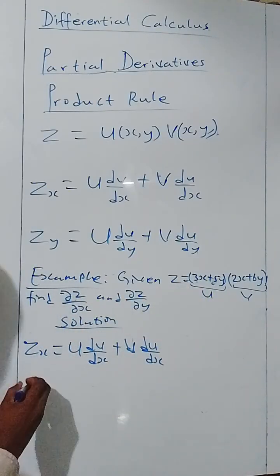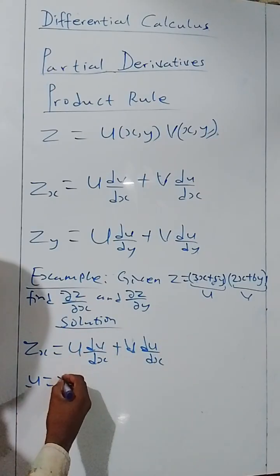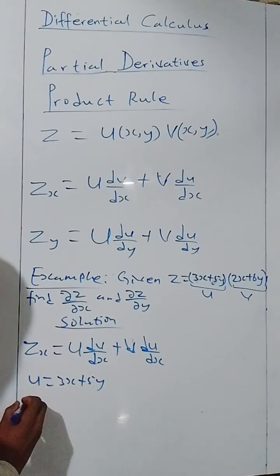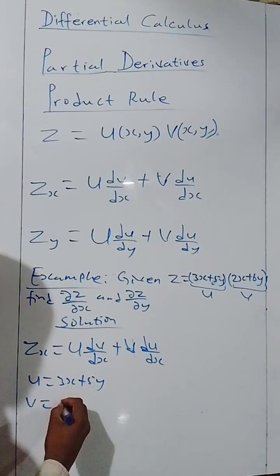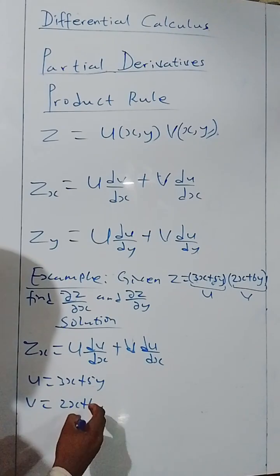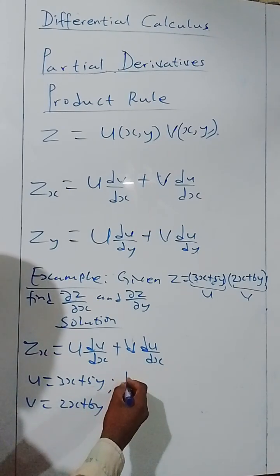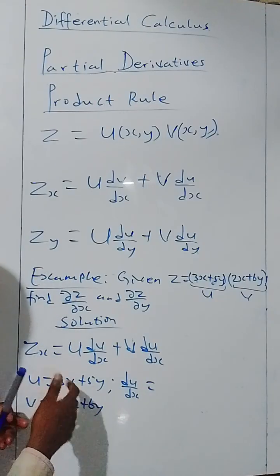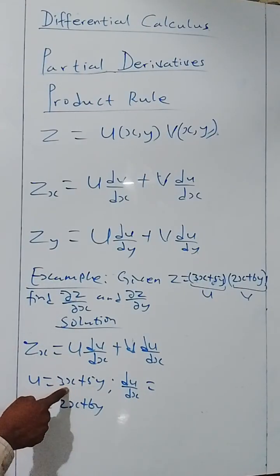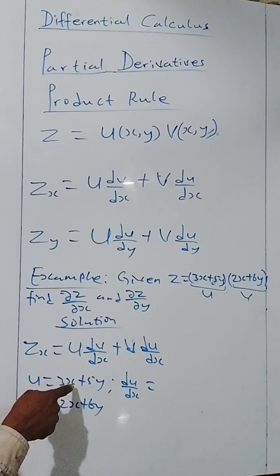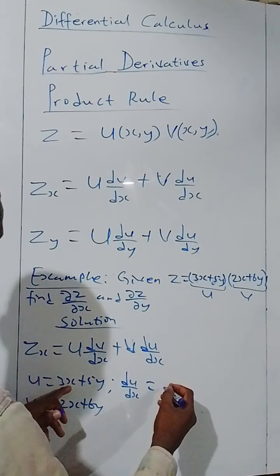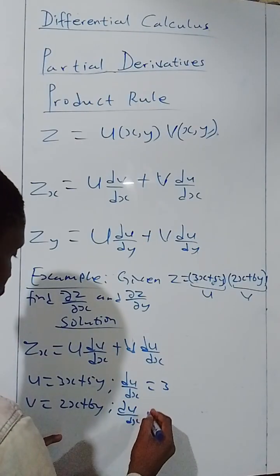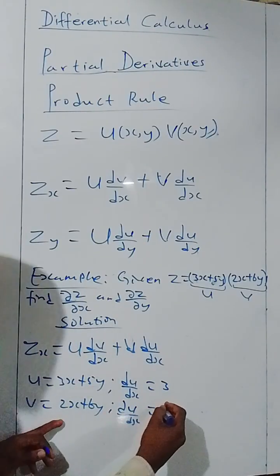Here our u is 3x plus 5y, and our v is 2x plus 6y. Therefore, du/dx: mind you, this is an additive function, so the focus will be on the terms that have x. So du/dx is 3, and likewise dv/dx is 2.